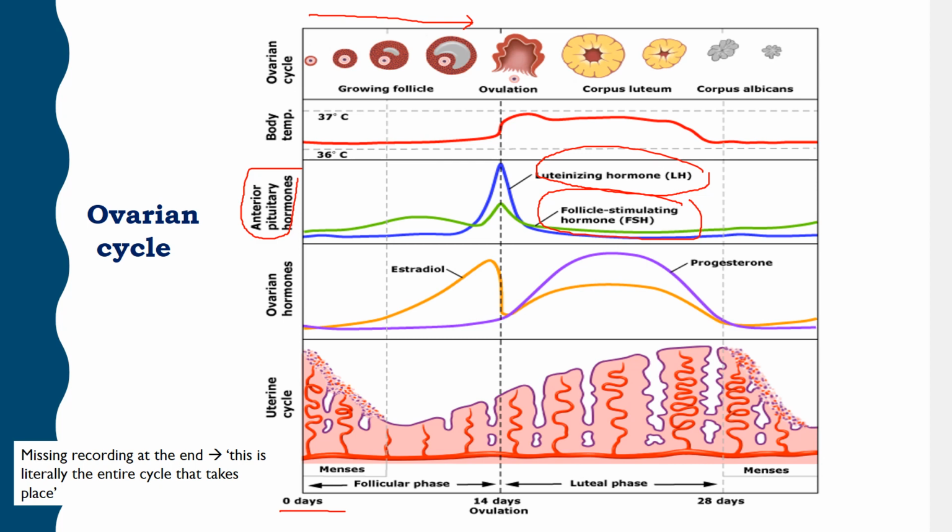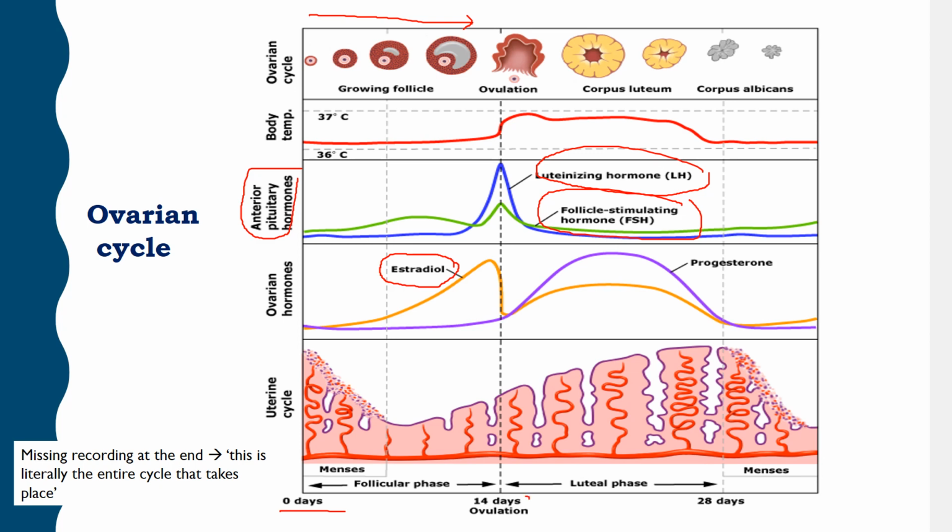The follicles start to grow under the influence of these hormones, and because the follicles are growing, the granulosa cells start to secrete estrogen. That's why you can see the estradiol, the ovarian hormones, also start to increase.